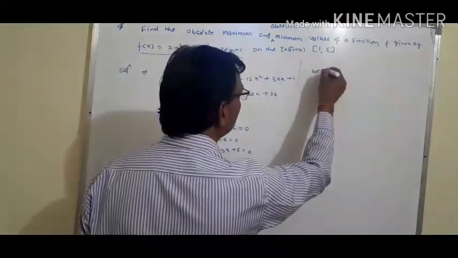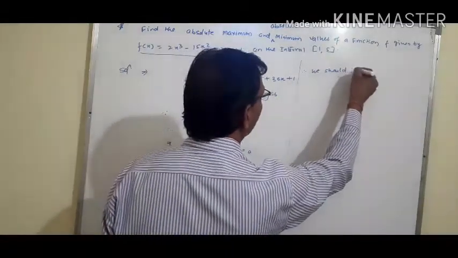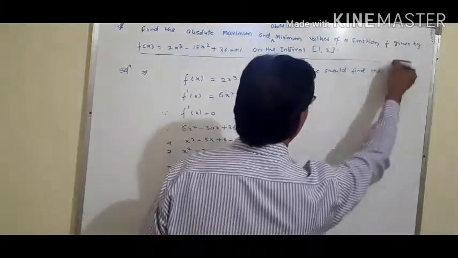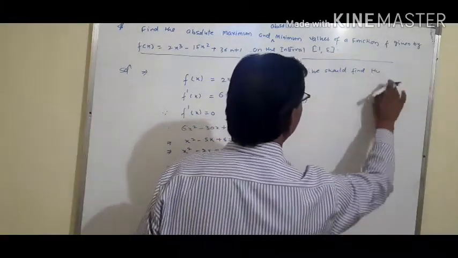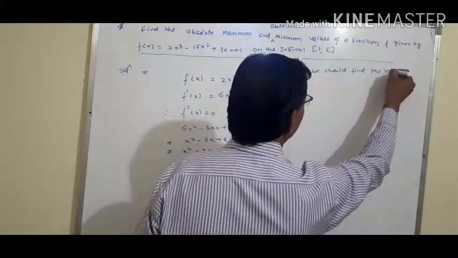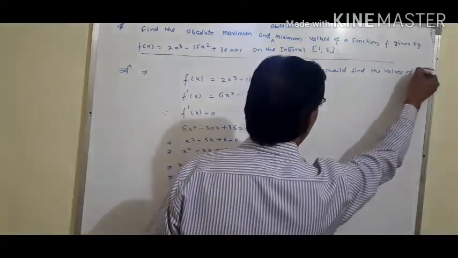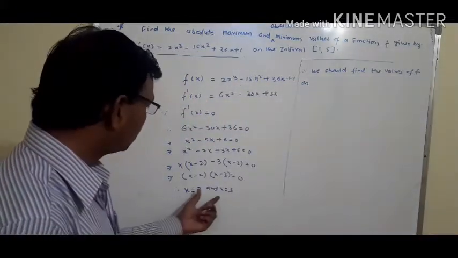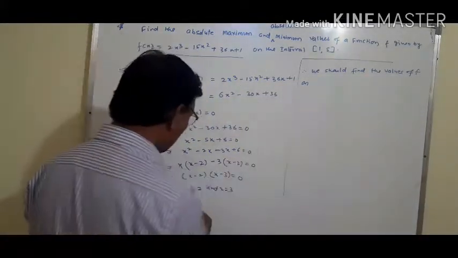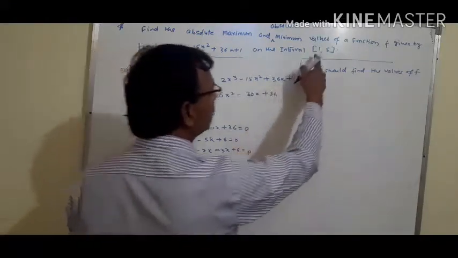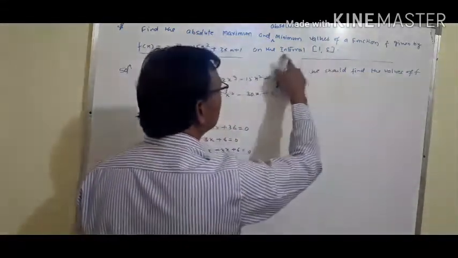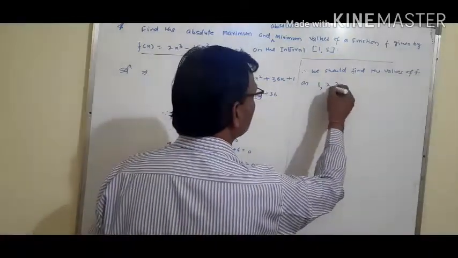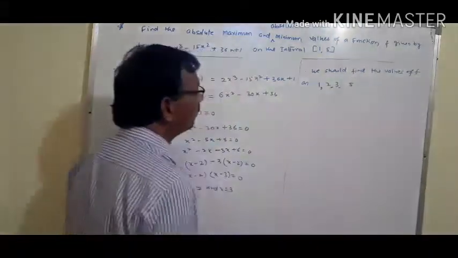Therefore we should find the values of f at which points? All points of x, including the extremes of the interval. That means 1, 2, 3 and 5 also.